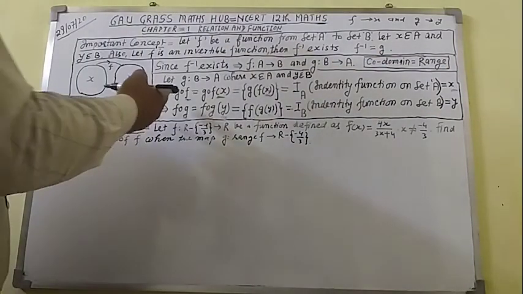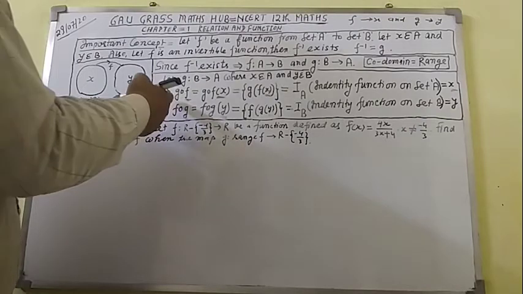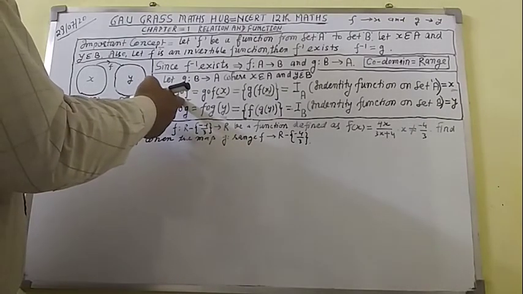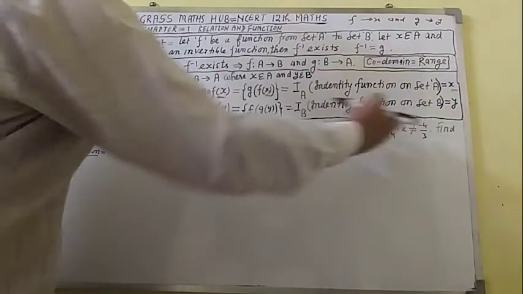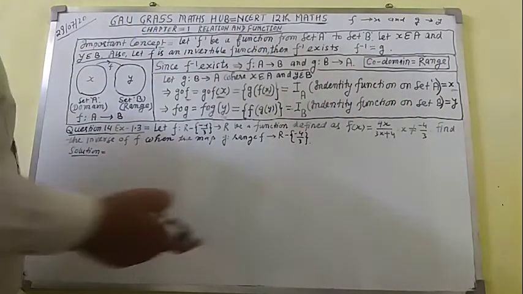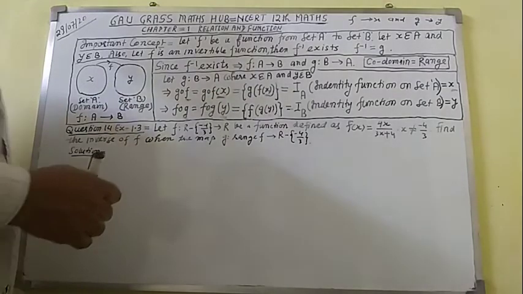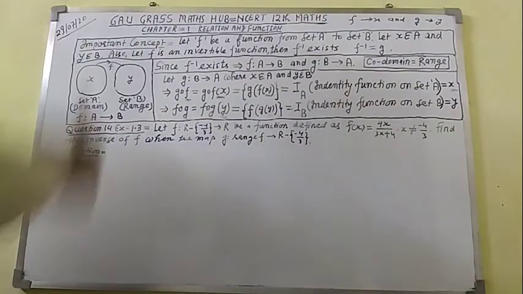So here you can see inverse is there. g o f gives us x and f o g gives us y. So just inverse is there. That's why f inverse exists.